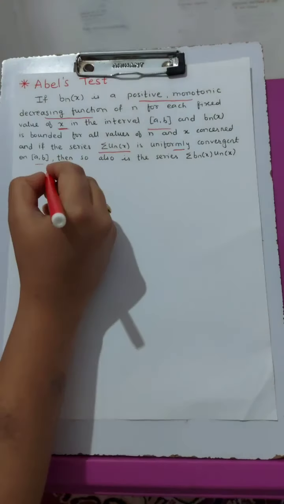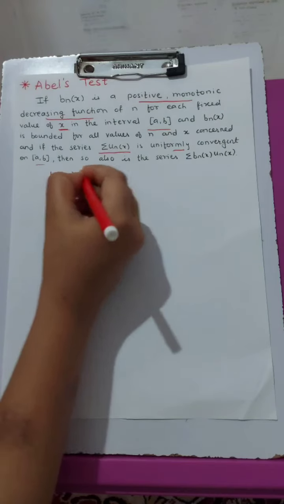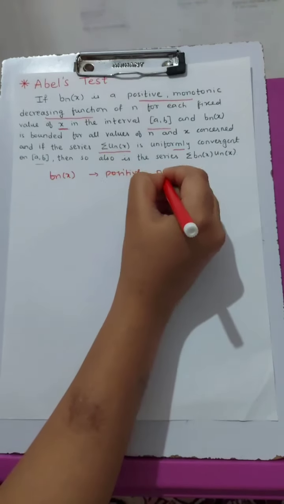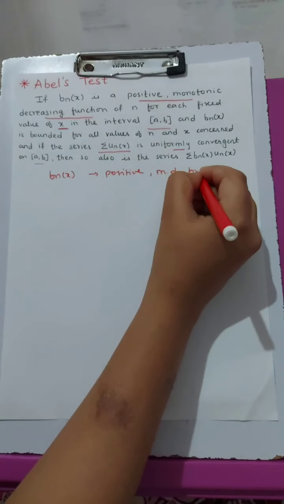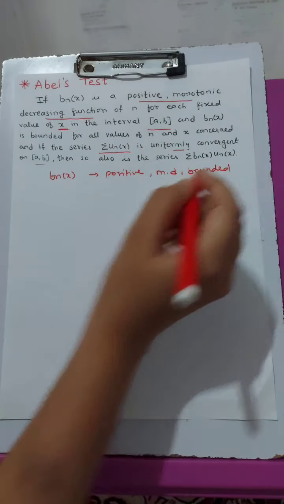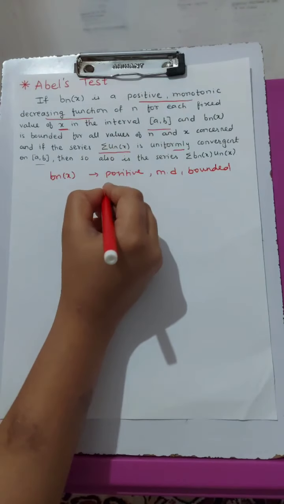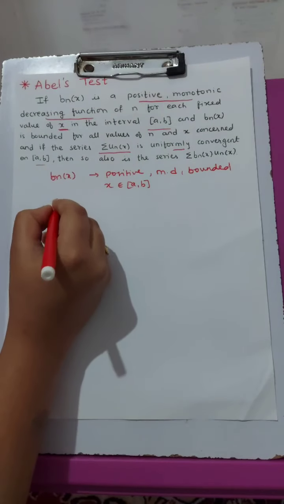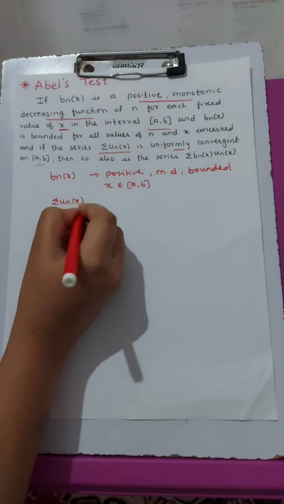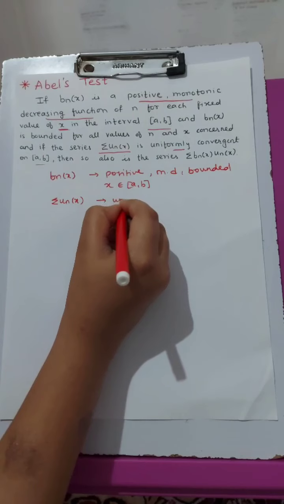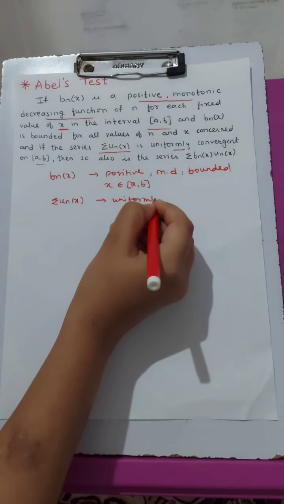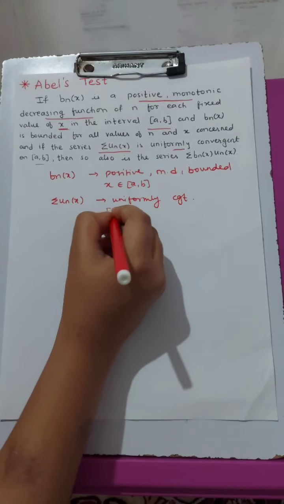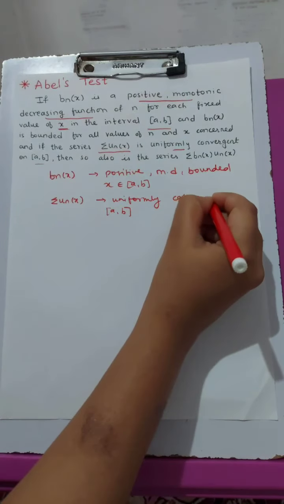So briefly we can say that Bn of x is a positive monotonic decreasing and bounded function of n, for each value of x belonging to the interval ab, and also summation un of x is a series which is uniformly convergent on the interval ab.